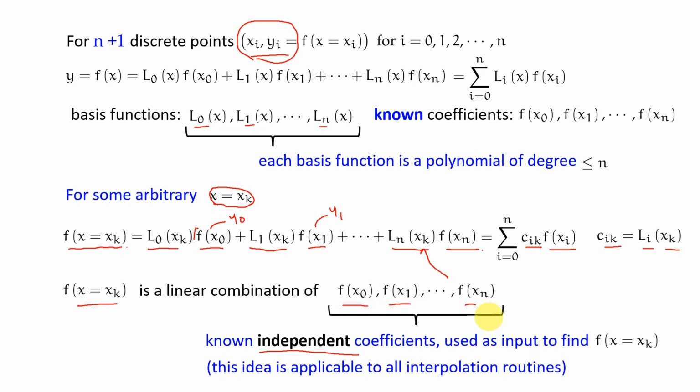They are only the input to find the value of f(x) at a certain arbitrary point x equals xk. And until now, whatever we have discussed, this idea is applicable to all interpolation routines, not necessarily only Lagrange's interpolation.